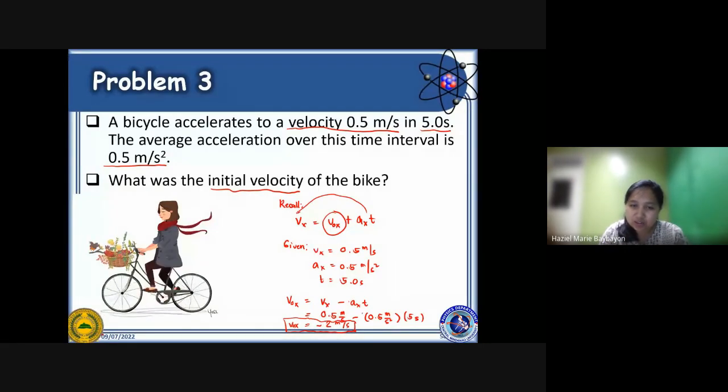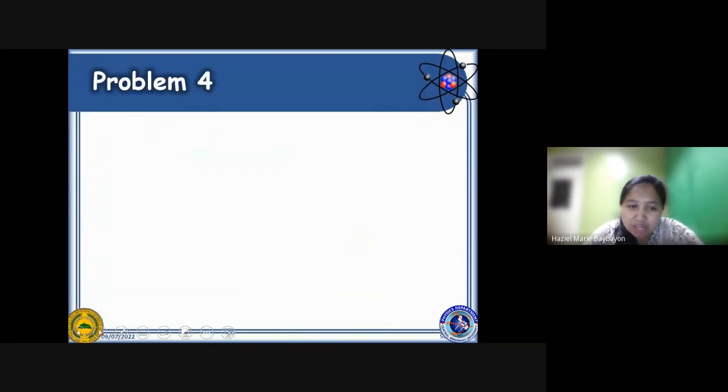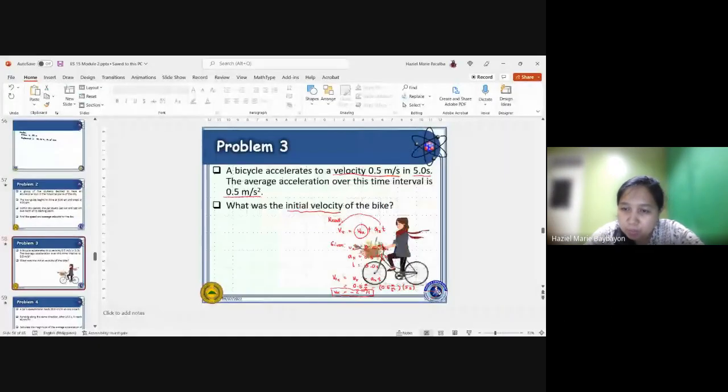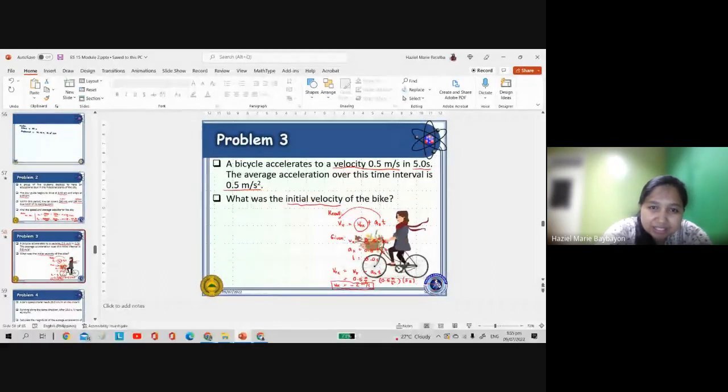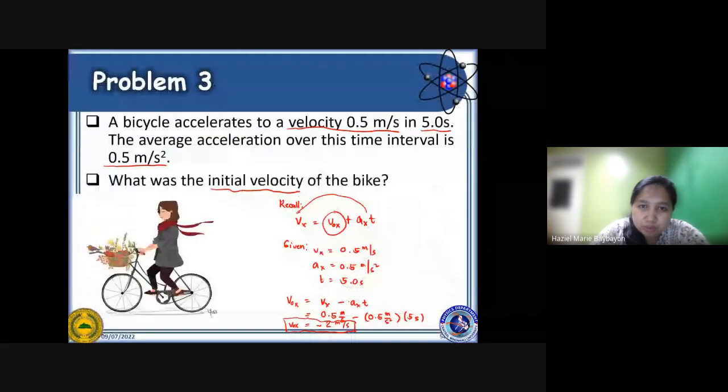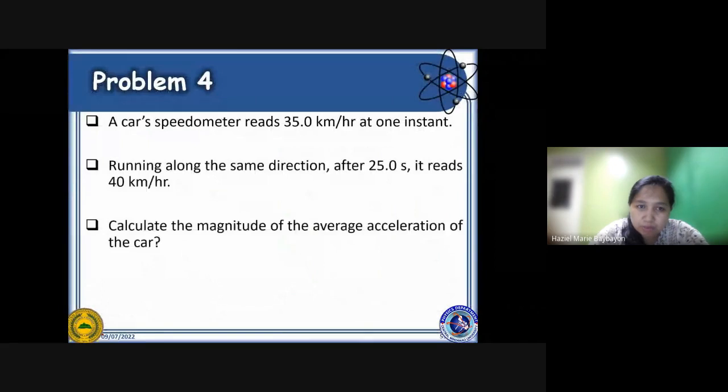So pwede niyo siya isulat as 2 meters per second west. Okay, so I guess wala na tayo time for another napatay 5 minutes class. Let us take this time to look at problem number 4.